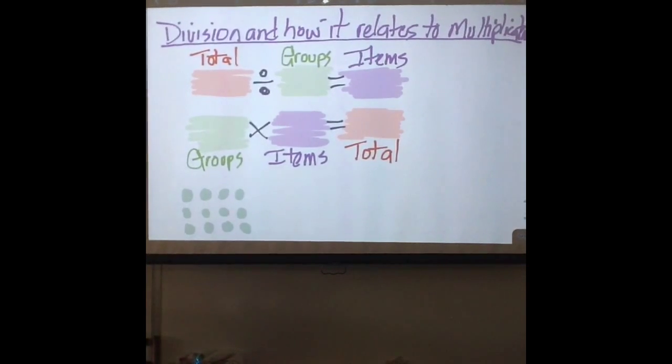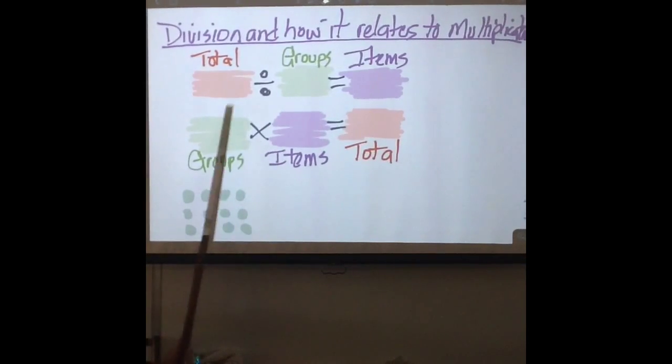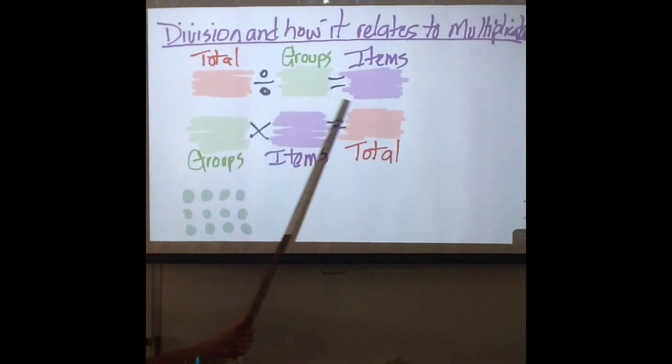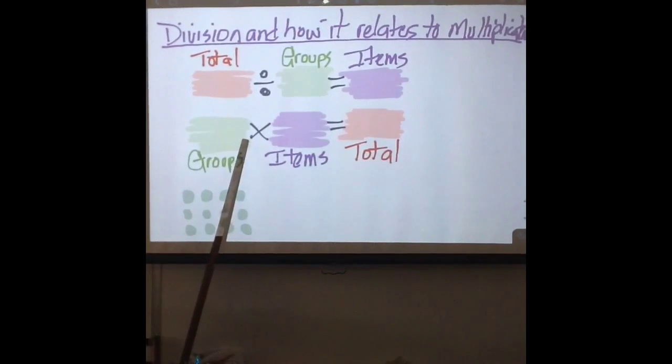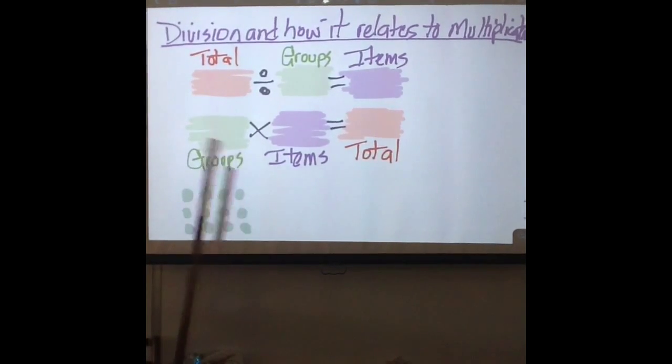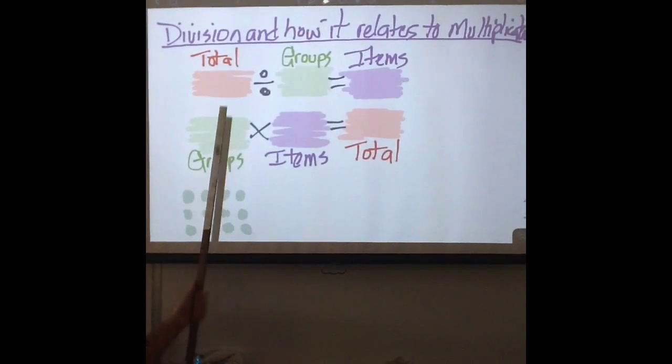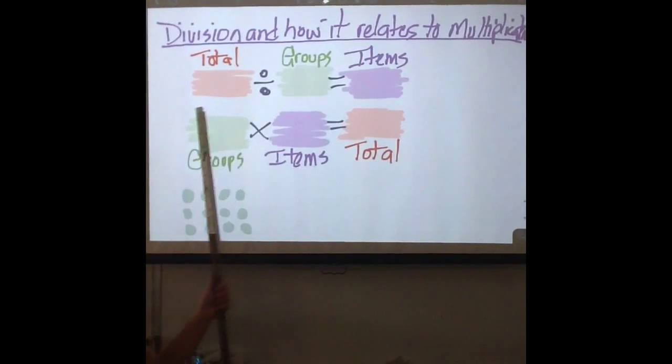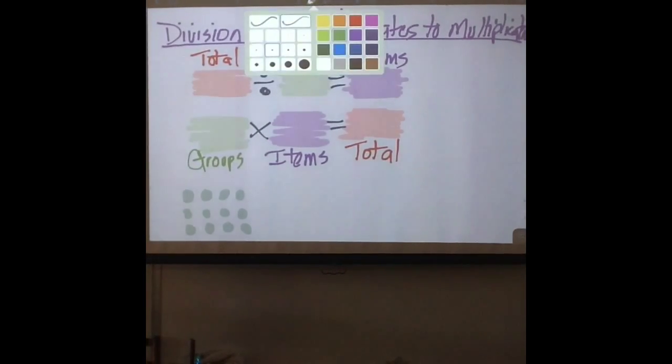Where would I put the 12 in relation to my colored blotches, if you want to call it that? Where would I put the 12 in the division problem? Anybody got a guess?